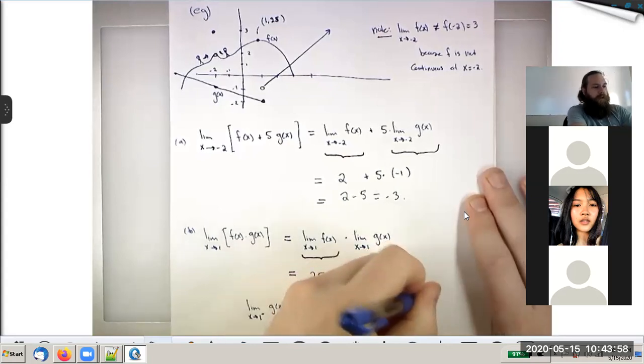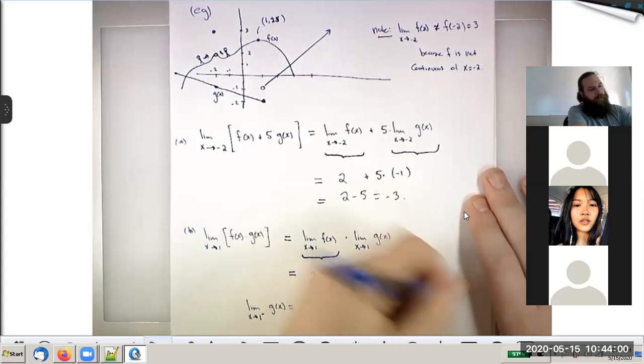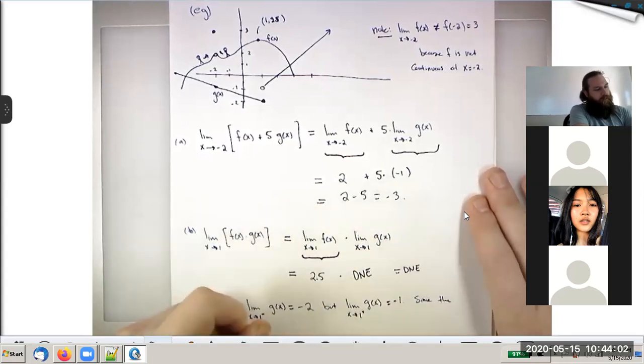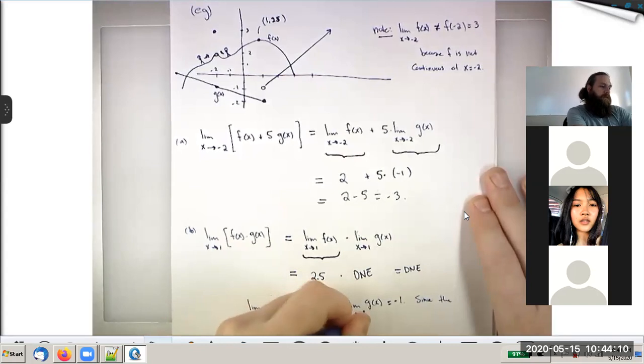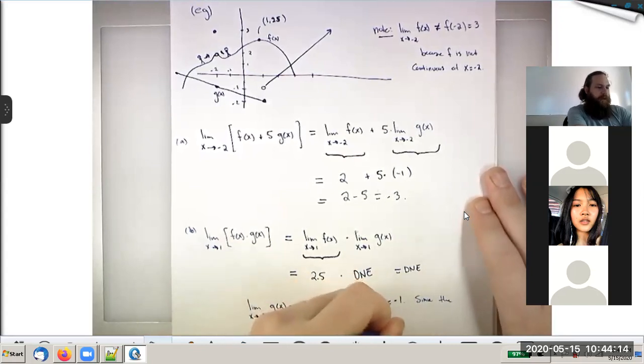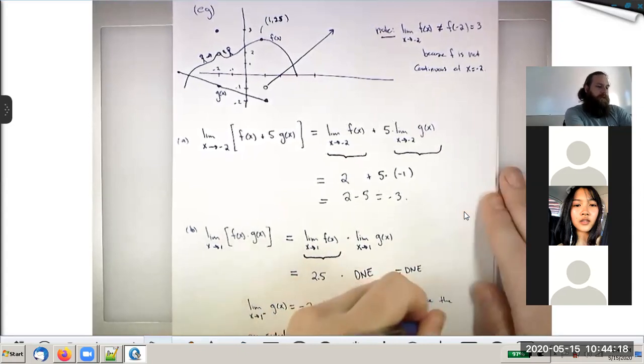Since the one-sided limits don't match, the overall limit, lim x goes to 1 of g of x, does not exist.